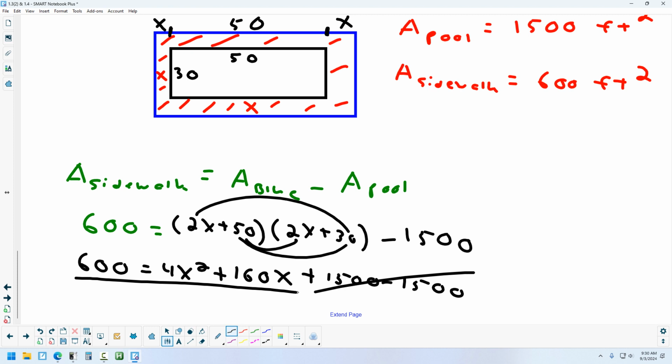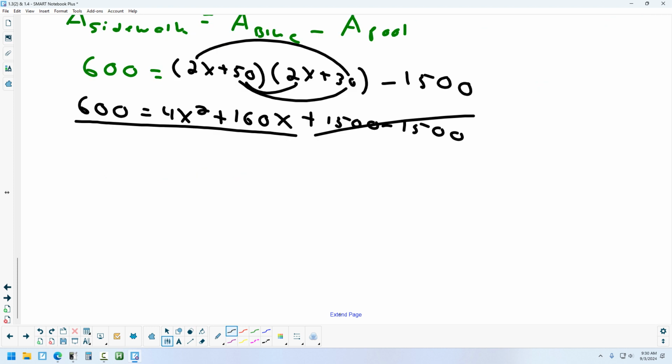So we're either going to have to use quadratic formula or factoring, or we could do graphing, either way. But whenever you're trying to solve a quadratic, what do you always have to get it equal to? Yep, you got to get it equal to 0. So I would put everything on the left side. You don't have to, but everything is divisible by 4, so that'll make the numbers a little easier if we divide through by 4.